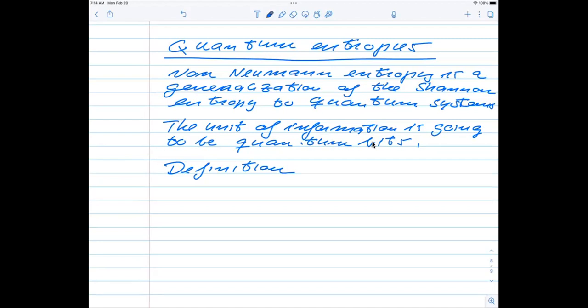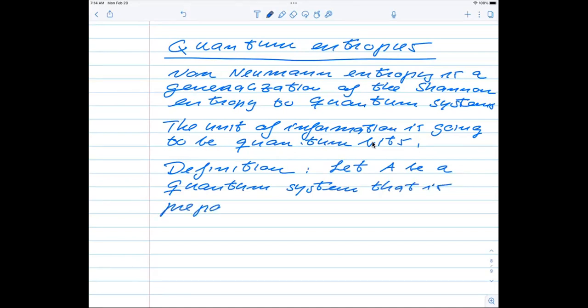So if we look at the definition, we can let A be a quantum system that is prepared in a state which we call rho alpha.